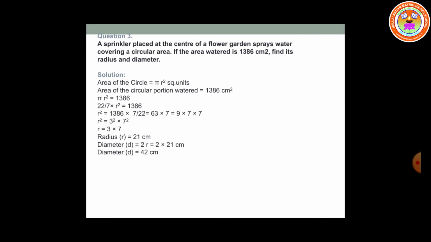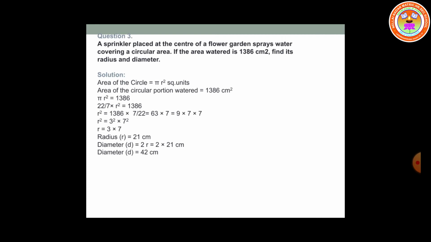The flower garden sprays water covering a circular area. The area of the watered portion is given: 1386 centimeters square. What do you find? The radius and the diameter. So how do you find them? Area of the circle is equal to pi r square units.